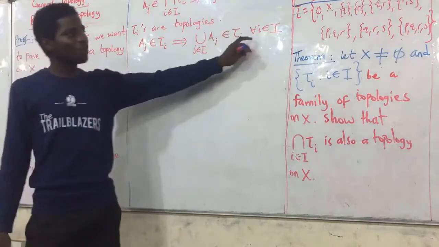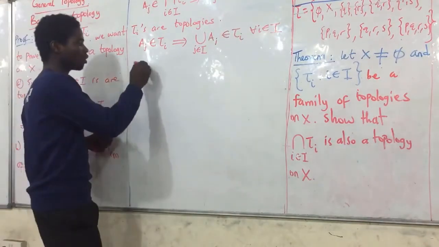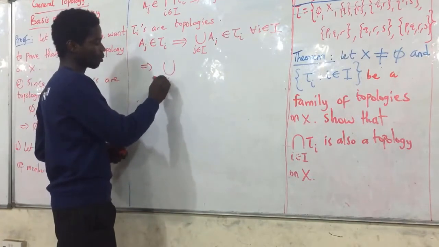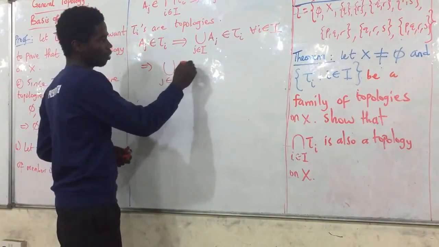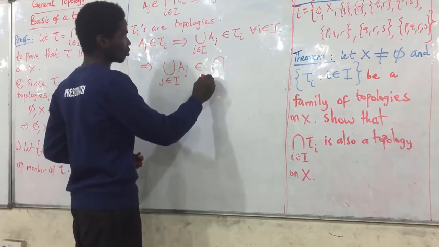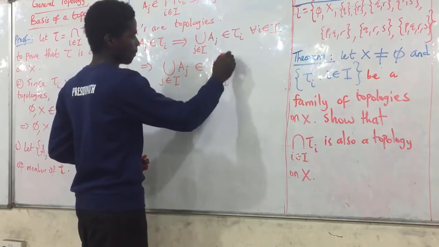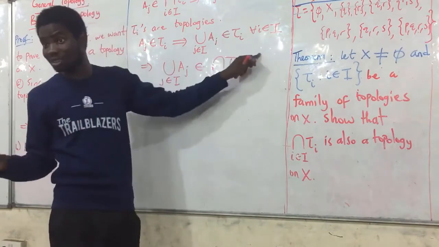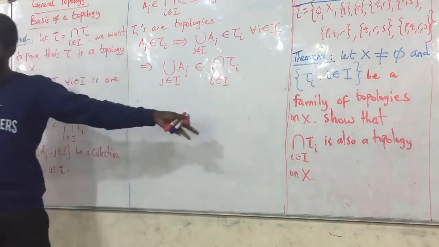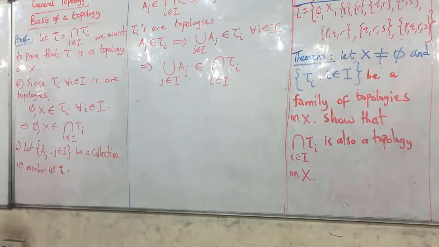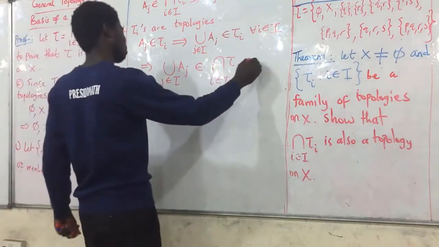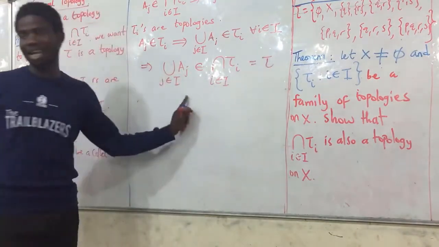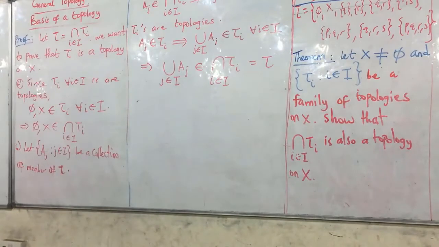So if it belongs to T_i for all i, that means this union will belong to their intersection. If it belongs to everything, it will also belong to their intersection. So by so doing, I prove that the arbitrary union is there. It now remains the finite intersection.